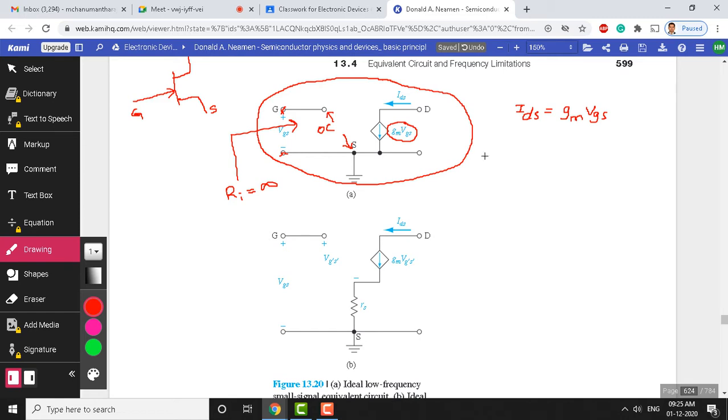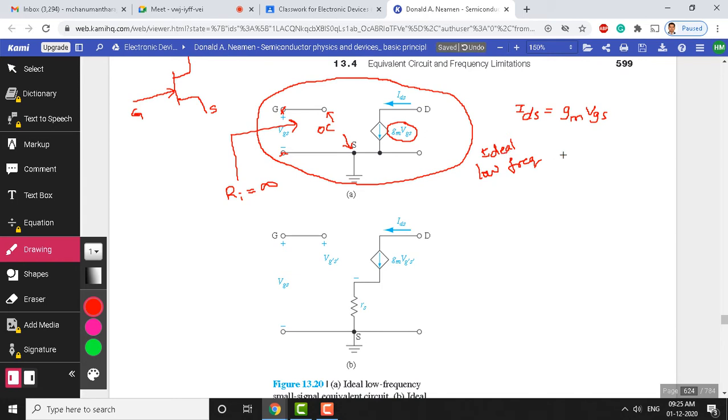Ideally, I am saying, this is an ideal low frequency small signal equivalent circuit, applicable only for low frequency, that is the assumption. The reason we call it ideal is because we have eliminated most of the elements that we saw in the actual model.